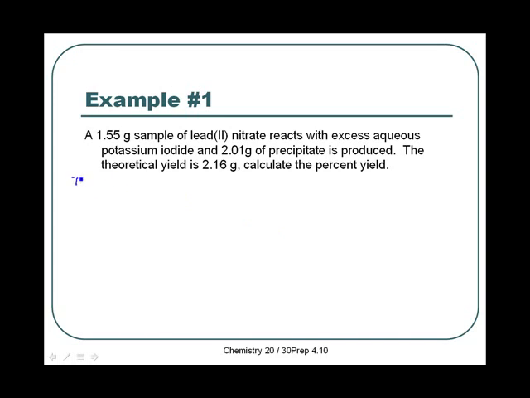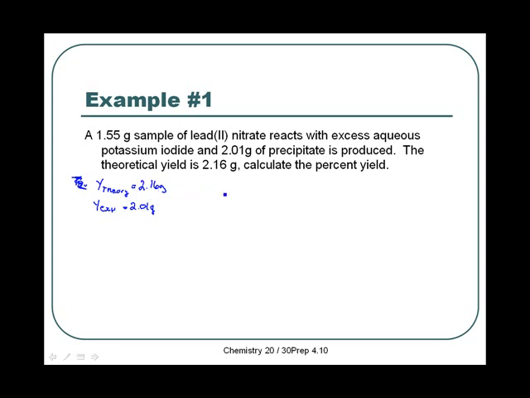We have a theoretical yield. The yield based on theory, this question tells us, is 2.16 grams. The yield that we got, or the experimental yield, is equal to 2.01 grams.